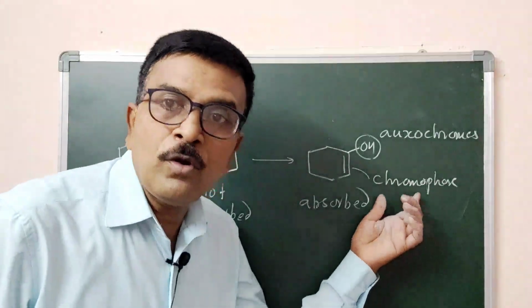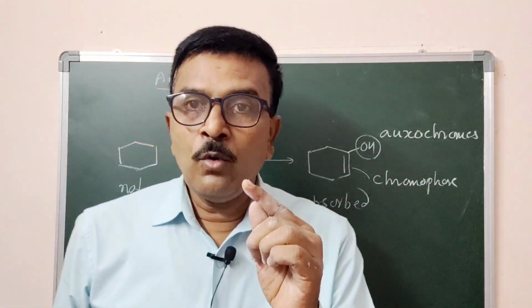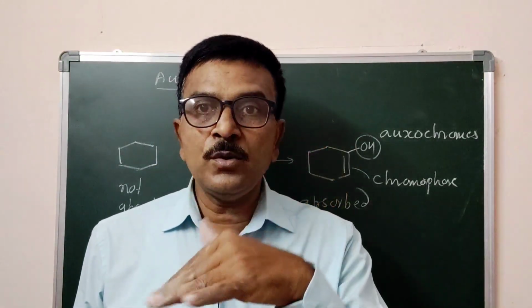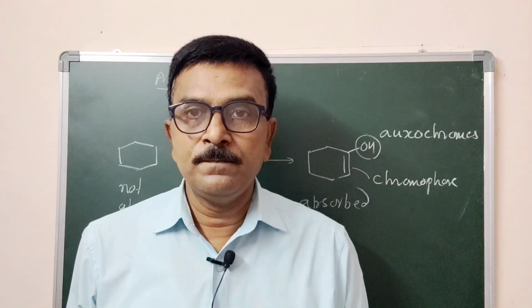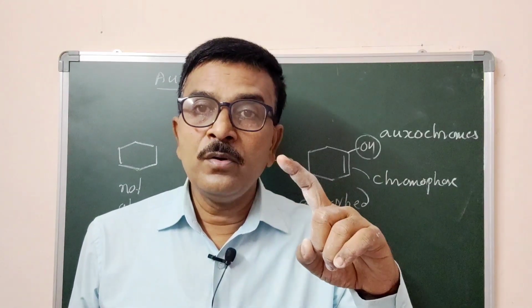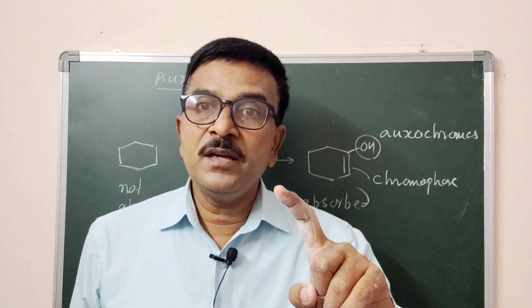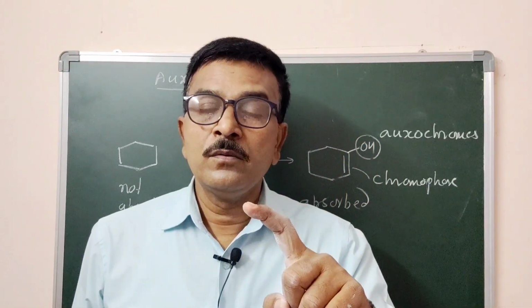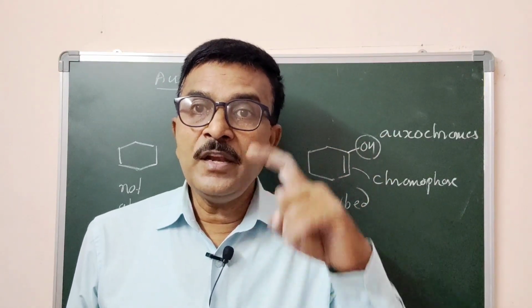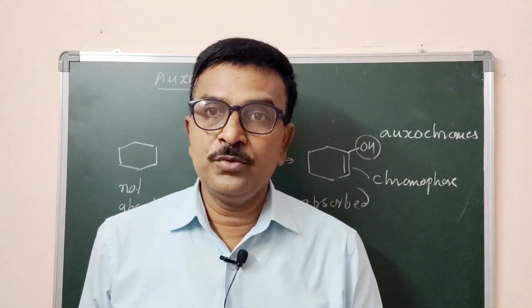Chromophore and auxochrome. Are you following? Again, a chromophore is a group which is mainly responsible to absorb ultraviolet energy. An auxochrome is a group which enhances the absorption capacity of the chromophore by improving the resonance energy when it is conjugated with the chromophore.